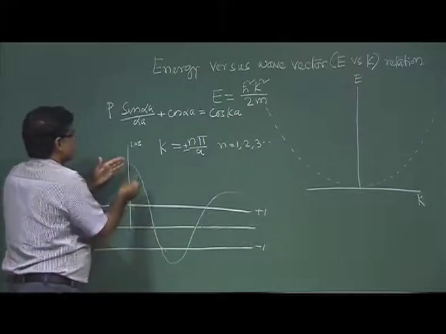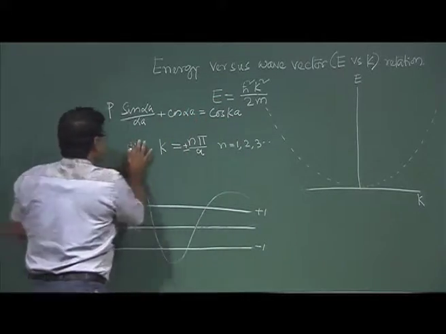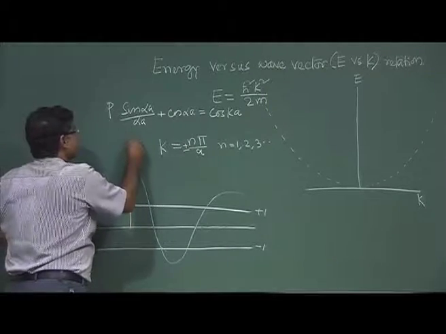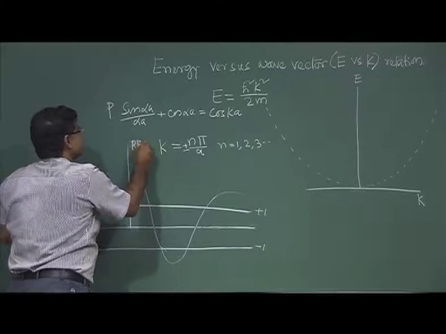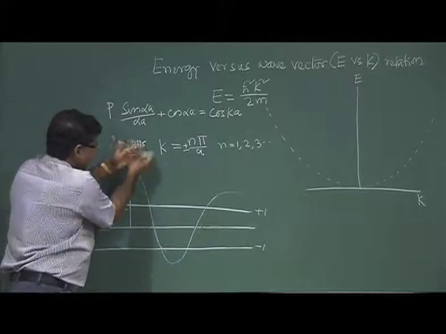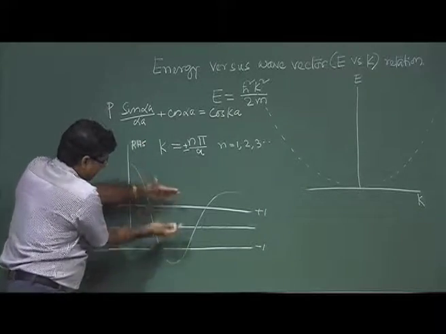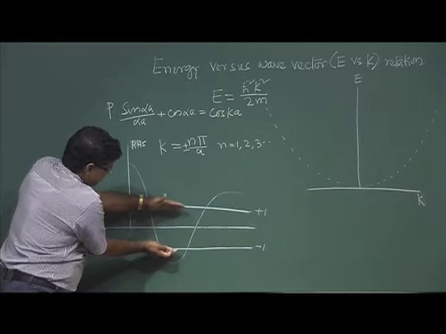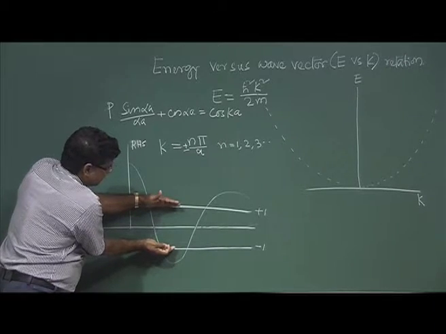So this equal to this, and the left hand side can be whatever the right hand side is, but the right hand side only contains values between these two lines.